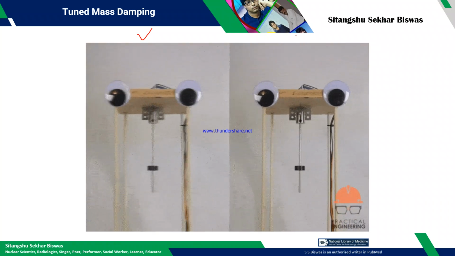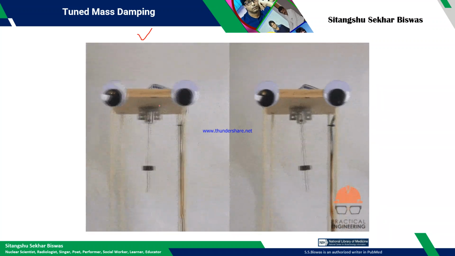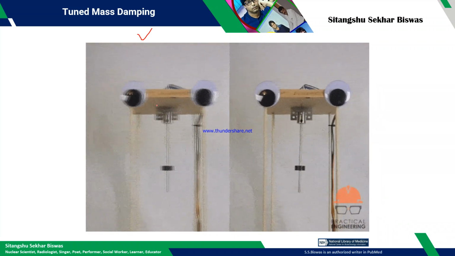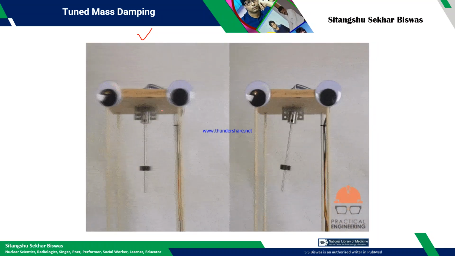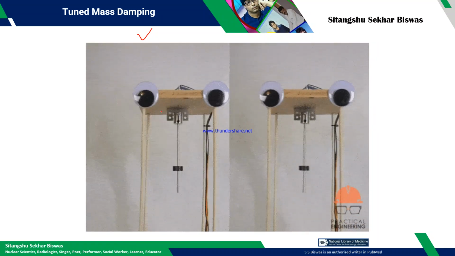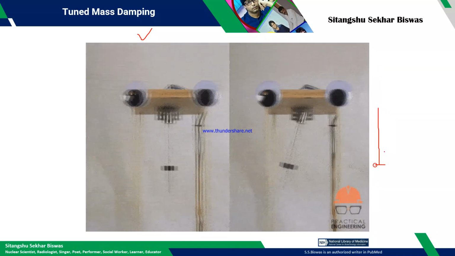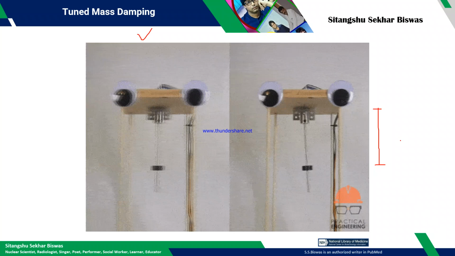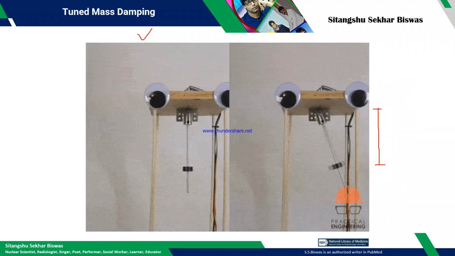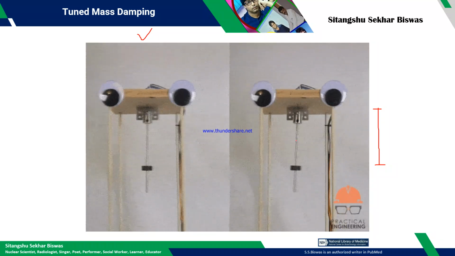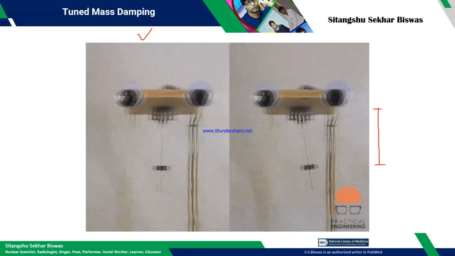Here you see what is done: first, the natural frequency of the structure is computed, and after that the length is set to match the natural frequency of the structure with the frequency of the pendulum.